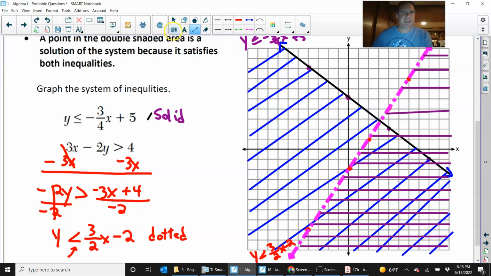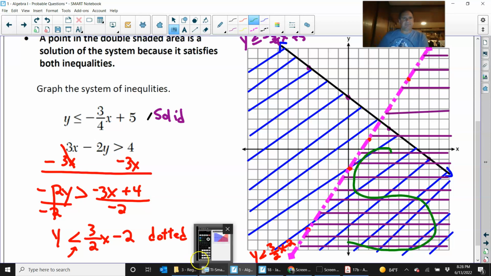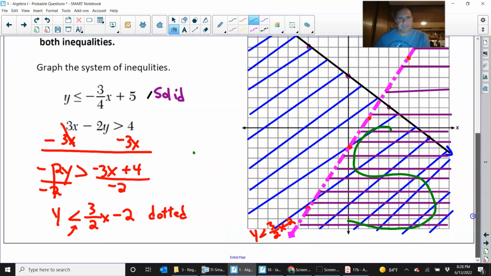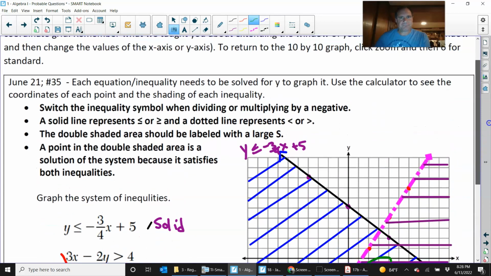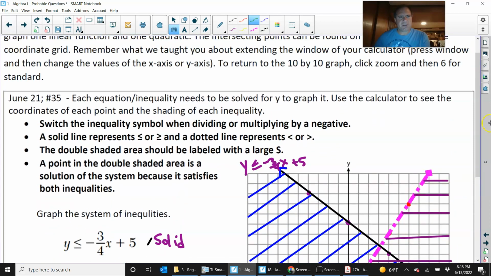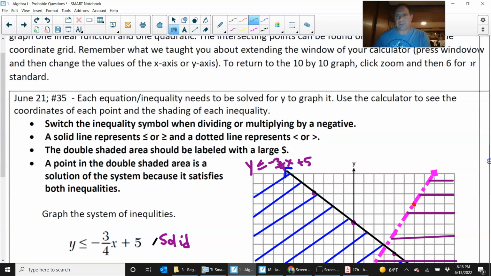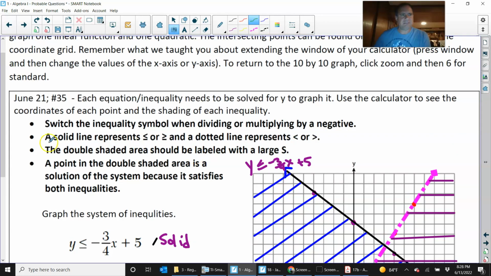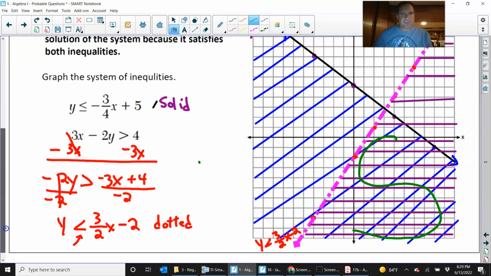So you see my double shaded area, and hopefully it does show up nice. There's a giant S. Double shaded area. Right? So here we go. It'll always ask, is there a point that satisfies the solution?